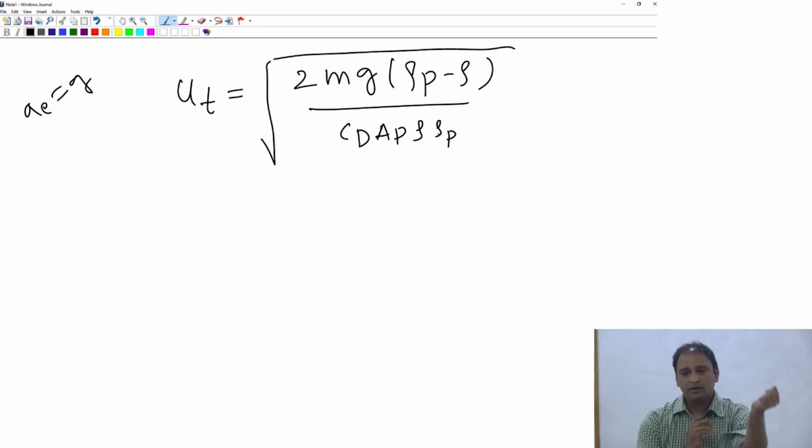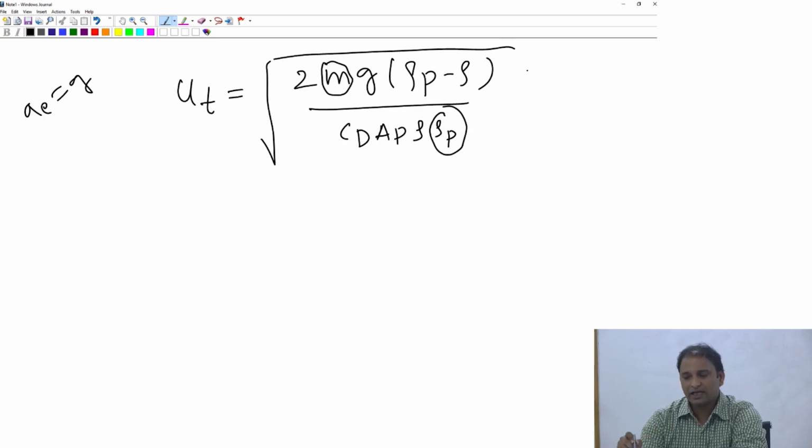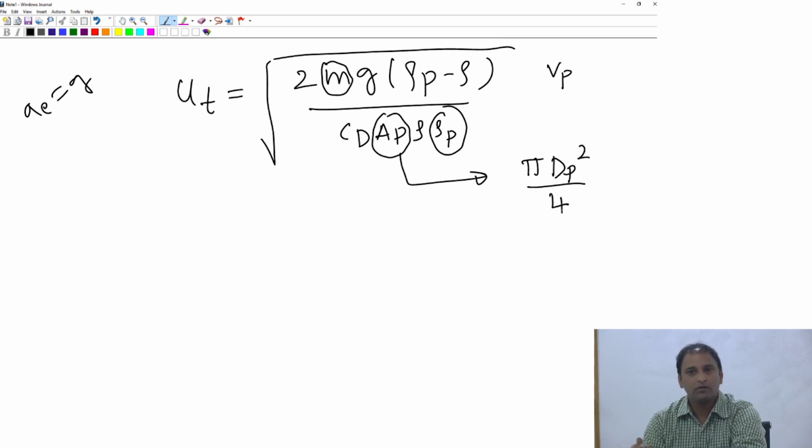Now what I can do is, you have M here and you have rho P here. I can replace that with Vp, which is the volume of the particle. I also have CD and AP, which is the projected area, pi dp square by 4.